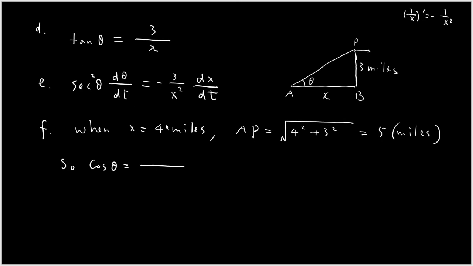Again, we're computing everything under the condition that the x value is 4 miles, so adjacent is 4 and the hypotenuse is 5. Thus, we have secant of theta, which is the reciprocal of cos of theta.